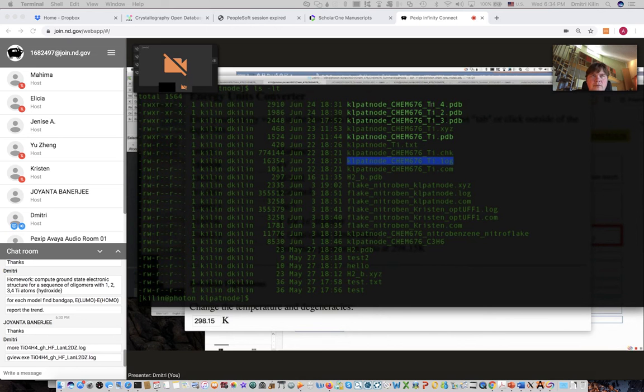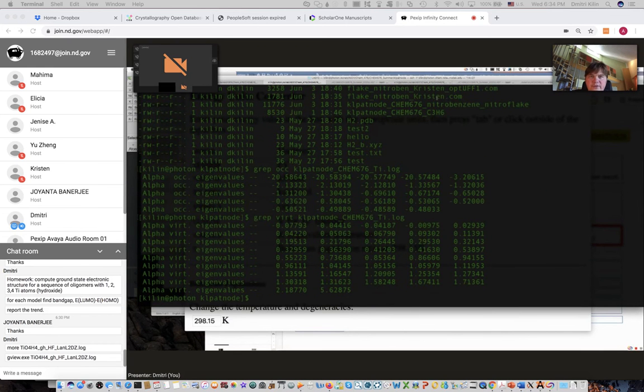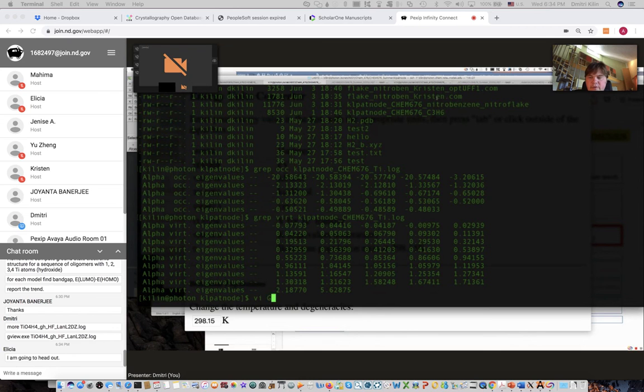So grep the log file, grep the log file, and then I can do vi gap.